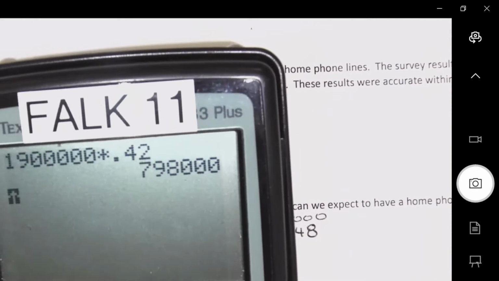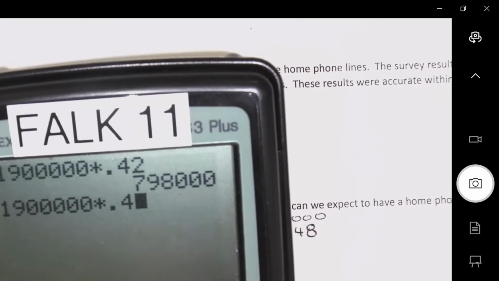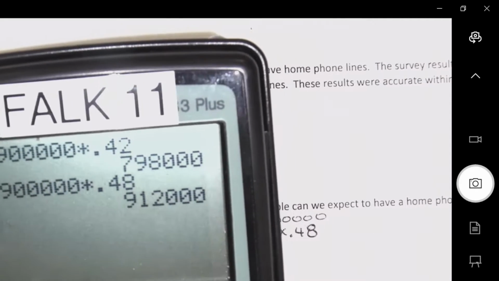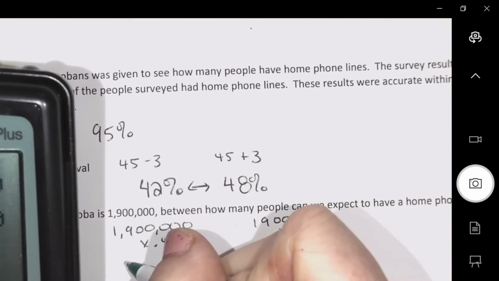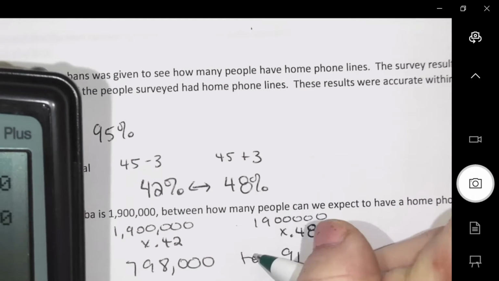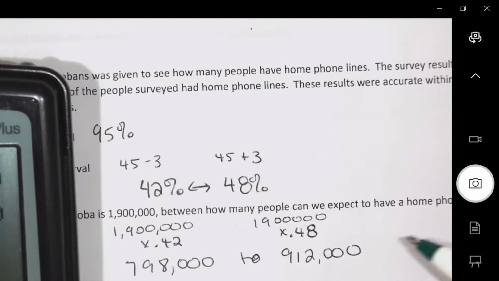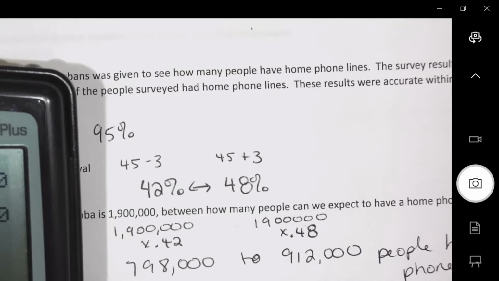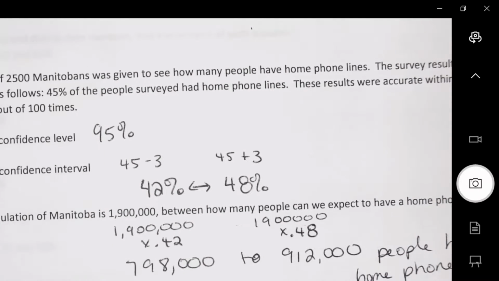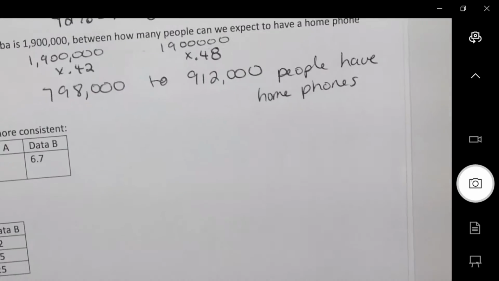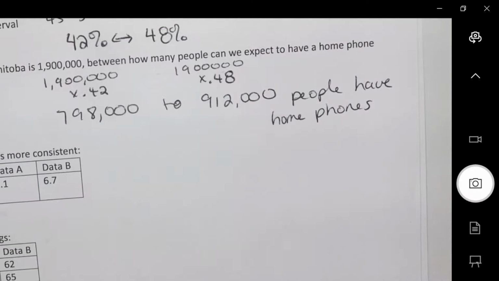Okay, remember that you can do a second entry and then just go back and change. Okay, so there's my range of people, my interval of people. So this is my conclusion. Between 798,000 and 912,000 people have home phones.